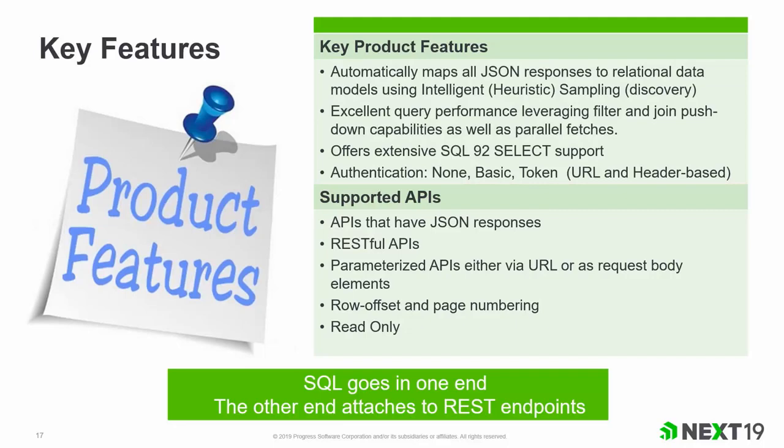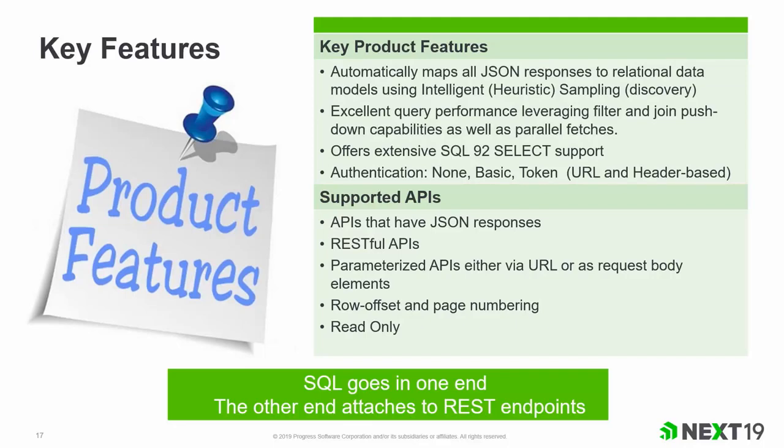So what the ARC does is translate that structure into a set of tables and fields. It looks like a database. A REST endpoint looks like a database, a set of tables with relationships between them.